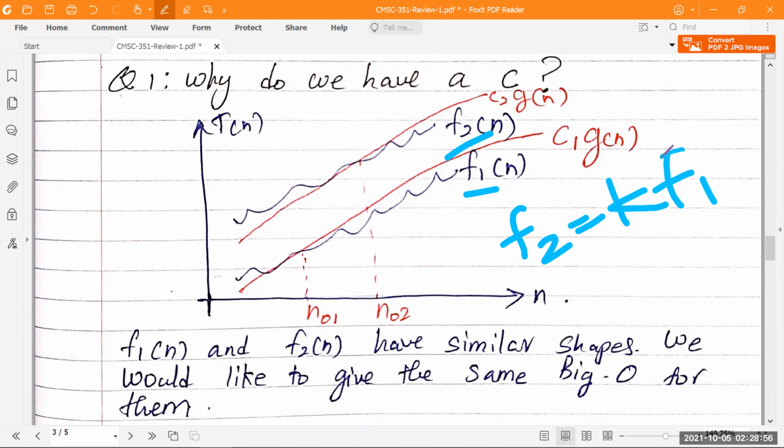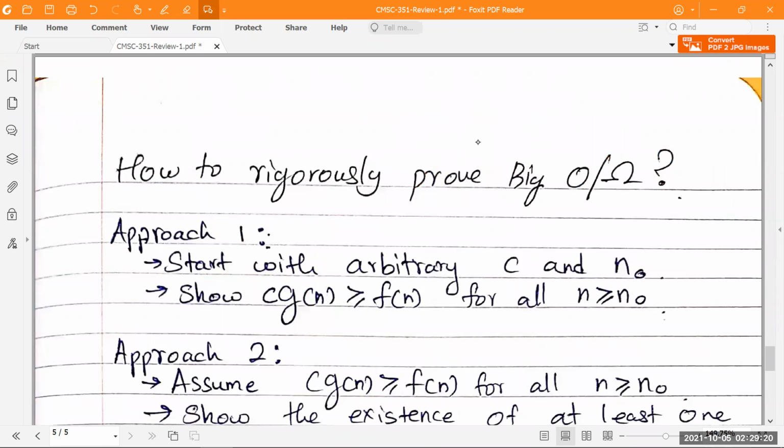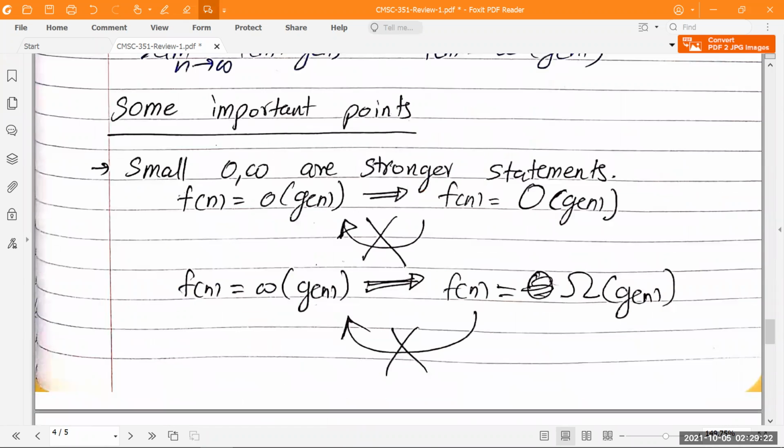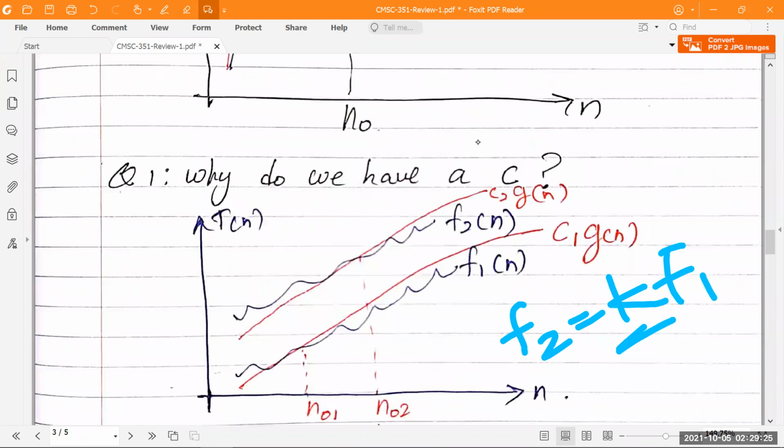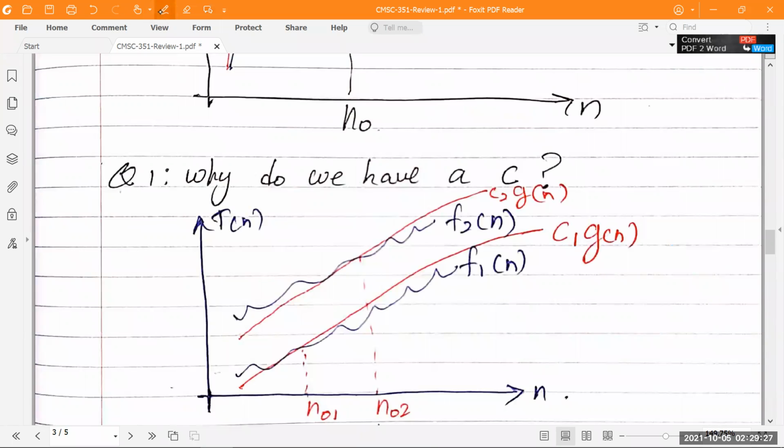It shouldn't always be a constant multiple, but say these are two functions of the same shape but different height. You can say different upper bounds for these two, it's fine, but we would rather have the same upper bound for both these functions.